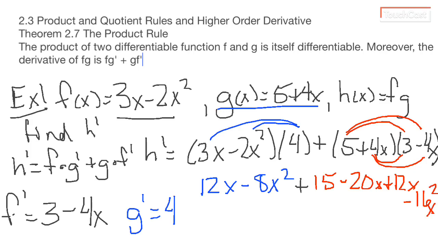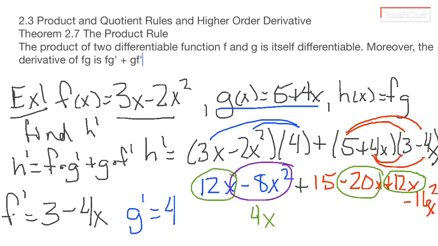Now let's clean some stuff up. Let's see what we have in common. We have a 12x, a minus 20x, and another 12x. Well, if we add all those up, 12x and 12x is 24x, minus 20x, we're going to get 4x. We also have some x squared terms, a minus 8x squared and a minus 16x squared.